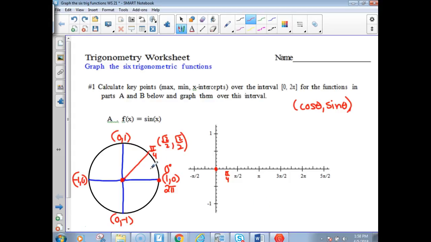Let's see. In quadrant 1, from 0 to pi over 2, that's the length of quadrant 1, or how far it is through quadrant 1. Is the sign positive or negative? It's all positive. So I'm going to expect this graph to go up. Okay?